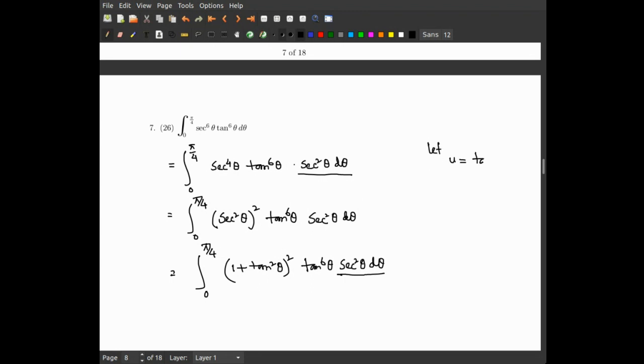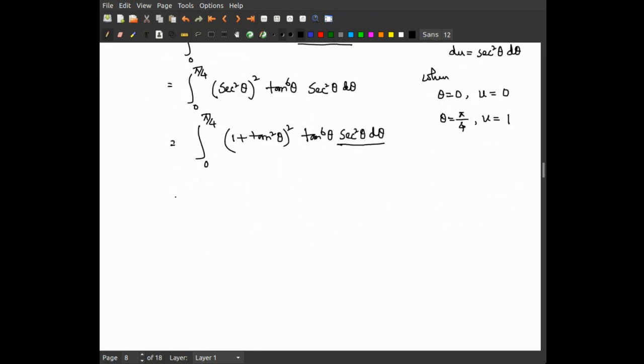So u equal to tan theta, then du equal to secant squared theta d theta, and also we need to think about the limit. So theta equal to 0, then u equal to tan 0, which is again 0, and if theta equal to pi over 4, then u equal to tan pi over 4, which is 1.